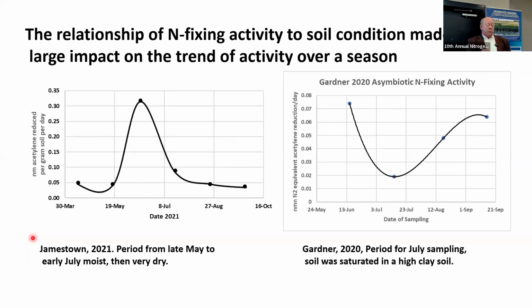The magnitude of those numbers changed a lot. We had one year that was very droughty, and so the shape of the curve was the same, but the activity was way lower than what you see right there.